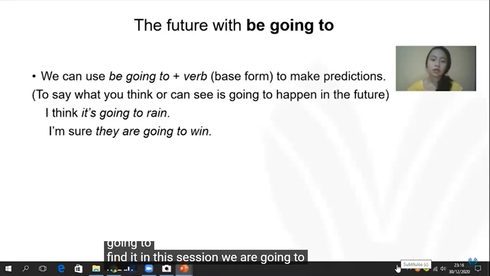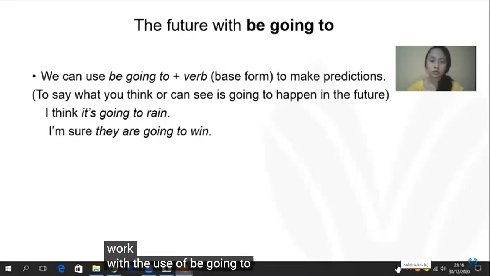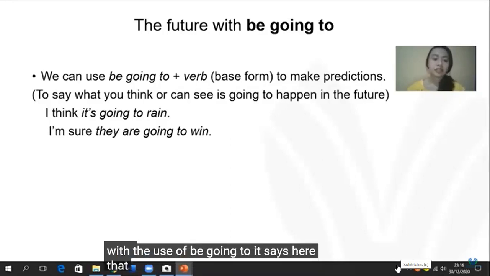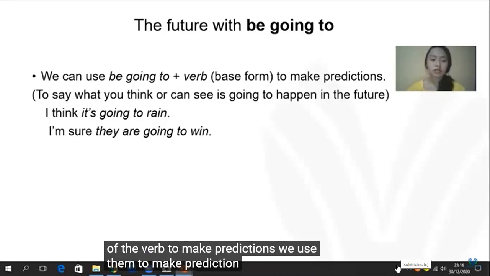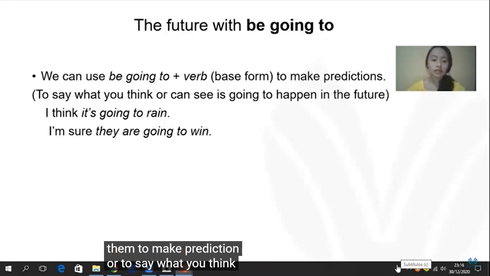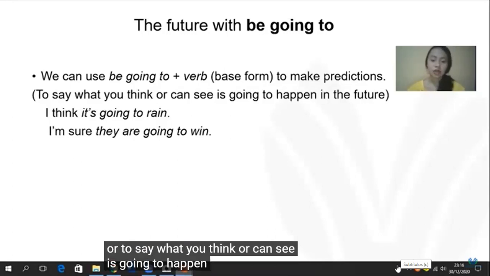We are going to work with so we going to. It says here that we use we going to plus verb makes form of the verb to make predictions. We use it to make prediction or to say what we think or can see is going to happen in the future or that it is going to for future.